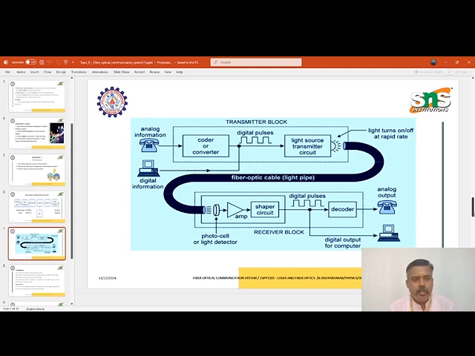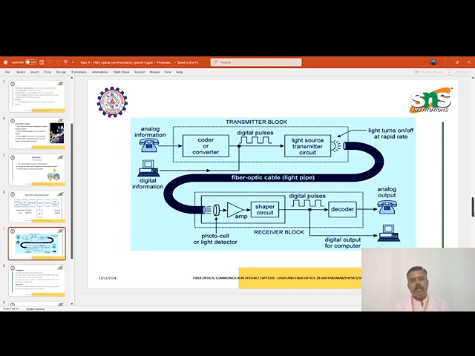The analog information is input to the coder, where it is converted into digital pulses. The digital pulses are given as input to the light source. The light source used is an LED or laser, which emits monochromatic, high frequency light rays. So that exists in the transmitter block.